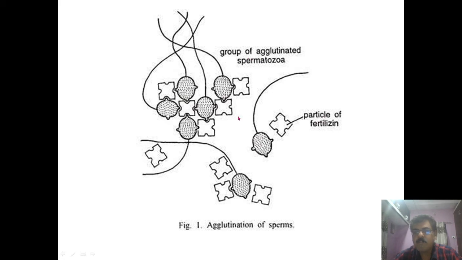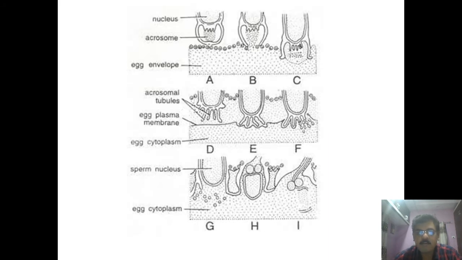Thus the fertilizin and anti-fertilizin of their own species recognize each other and agglutinate to complete the process of fertilization during the recognition and contact process.